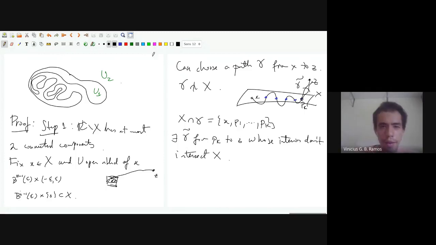Now all you have to do is take a path from x to Pk, and you can do that because X is connected.